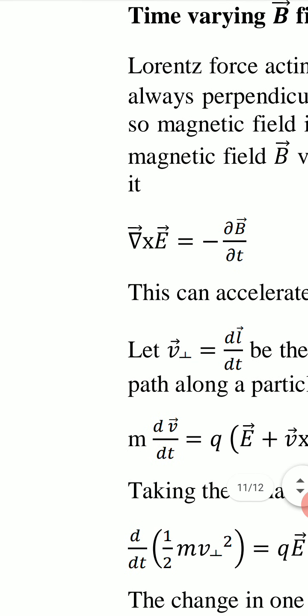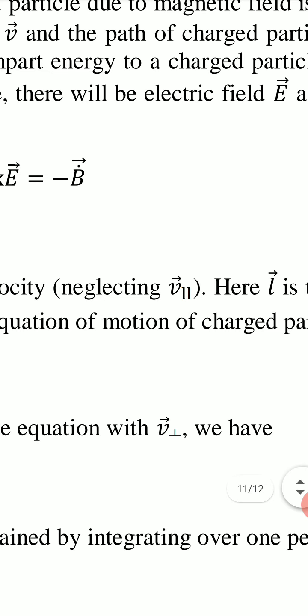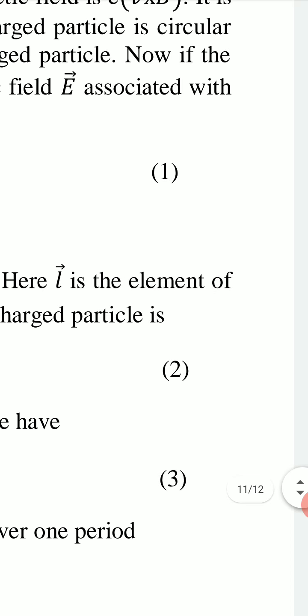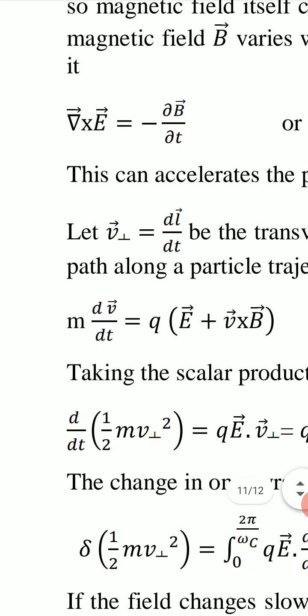Now if the magnetic field B varies with time, there will be an electric field E associated with it, and this associated electric field is given by this Maxwell equation: del cross E equal to minus delta B upon delta t.